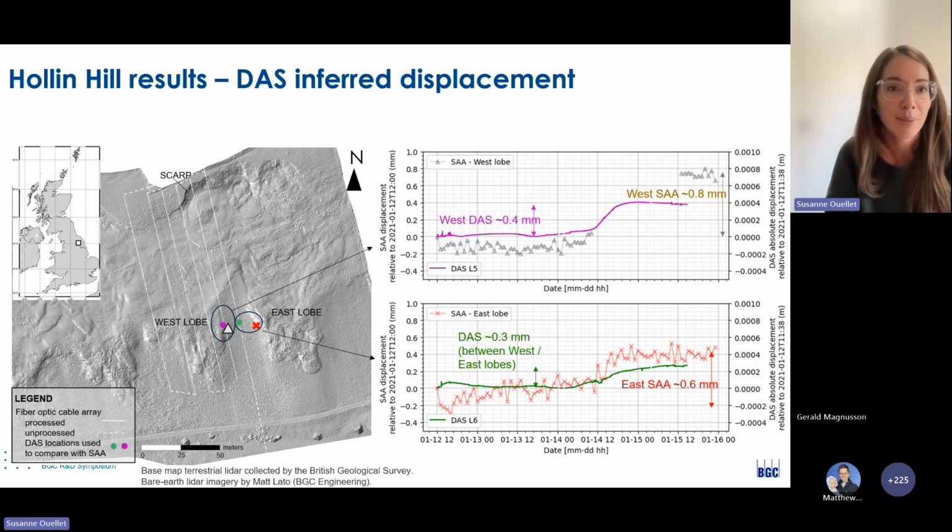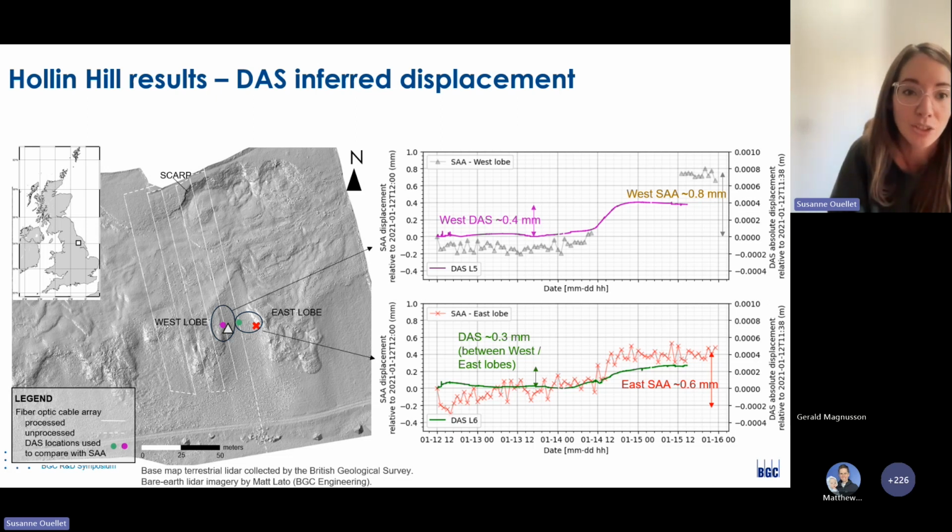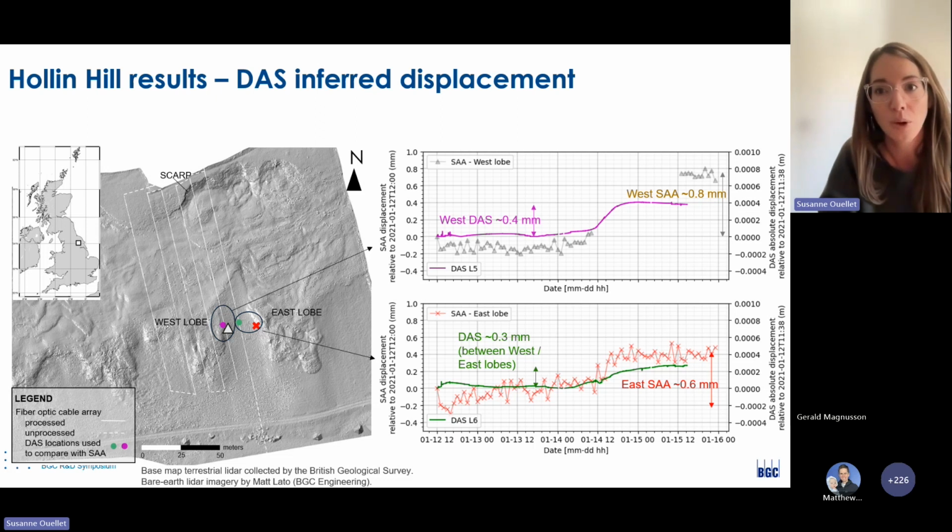The nice thing about using these units of displacement is that it allows us to compare our DAS measurements with nearby instruments. At the site, there are 2 SAAs. If you're not familiar with SAAs, these are inclinometers that take automated readings and measure horizontal displacements.